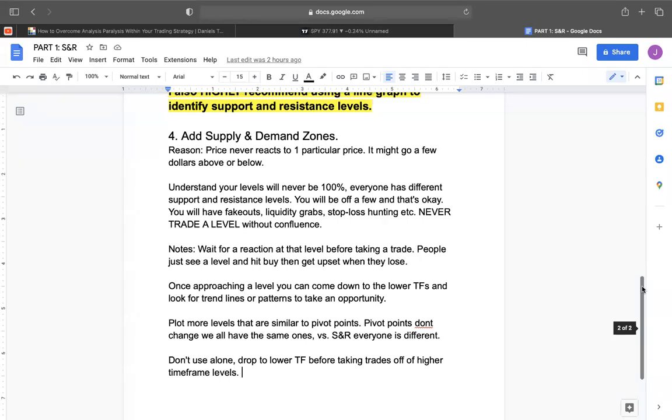You know what I'm saying? So you want to keep that in mind. Now, I don't use pivot points. I'm just going to show you how I base my support and resistance levels off of these points. Next, lastly, as far as this, don't use it alone, like we just said. Drop to the lower time frame before taking trades off the higher time frame levels.